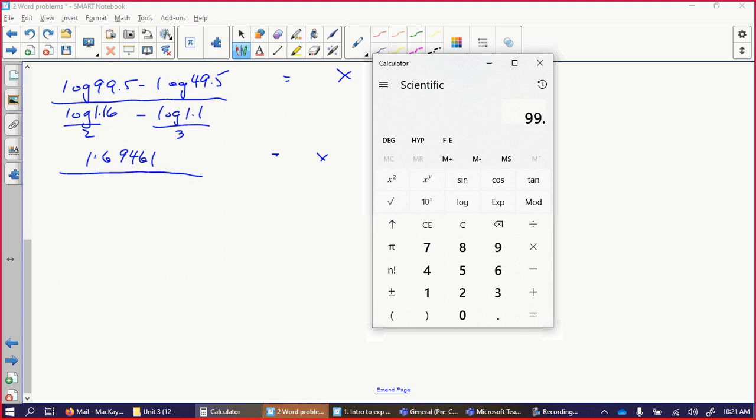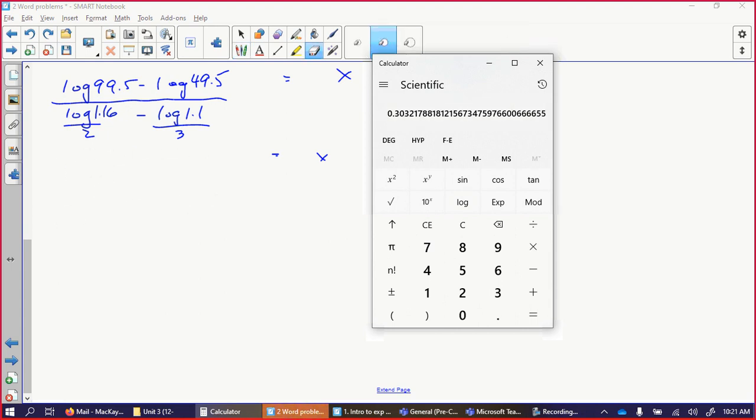Wait. Oh, I had to push equals. Sorry. 0.303218. That's 5 places. 6 places. That works.